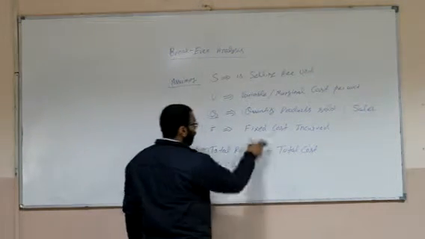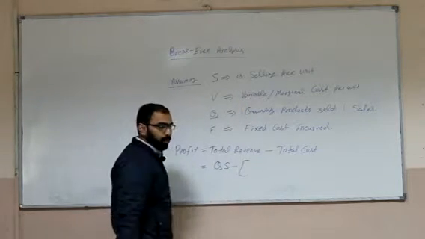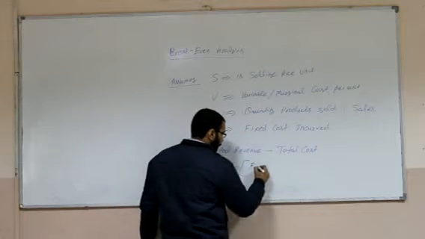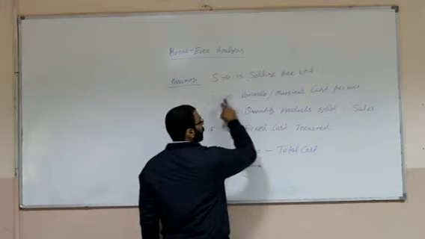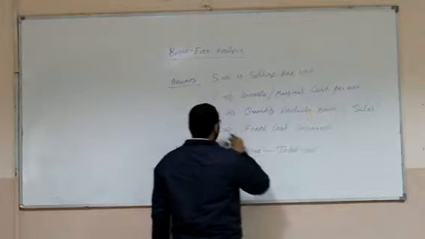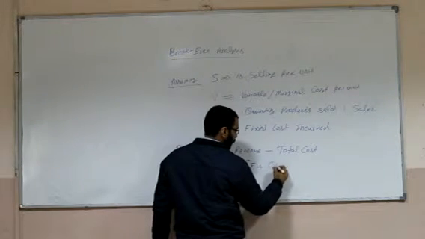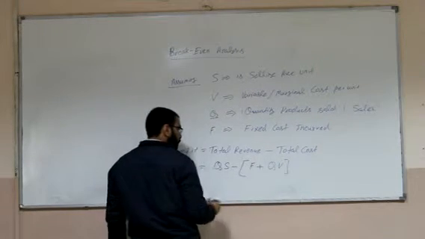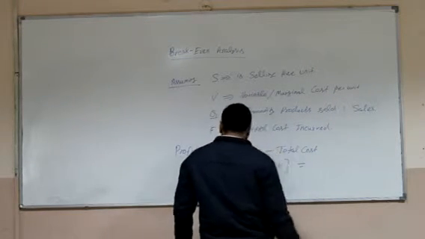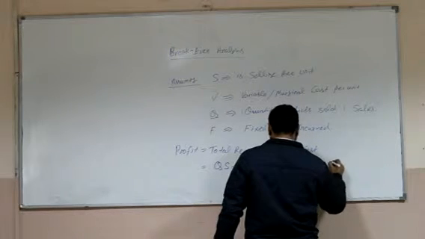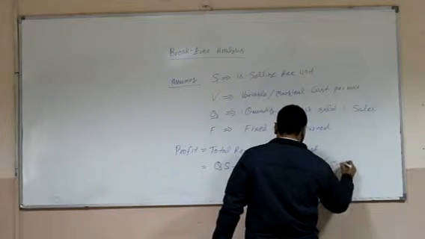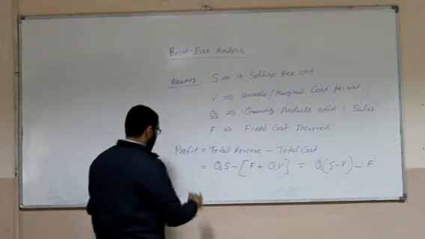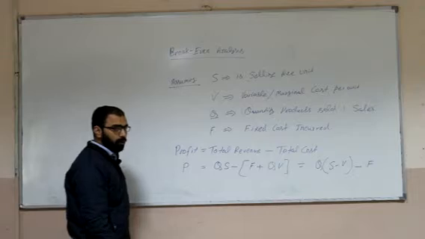Total cost is fixed cost plus variable cost. Fixed cost incurred is F, plus variable cost, where V is per unit and Q is the quantity, so it becomes Q into V. So it turns out to be Q(S minus V) minus F. This is the formula for profit.